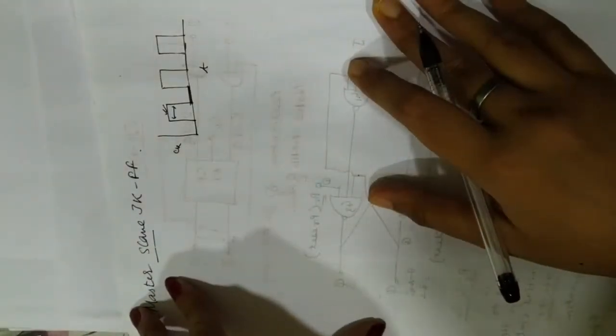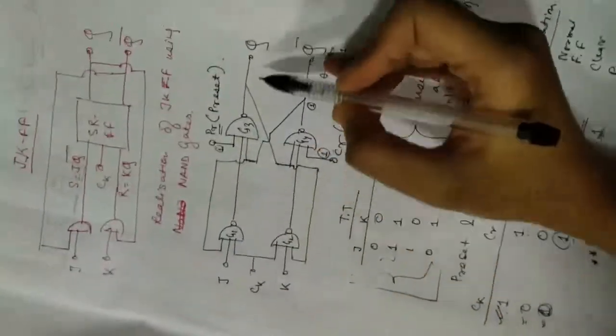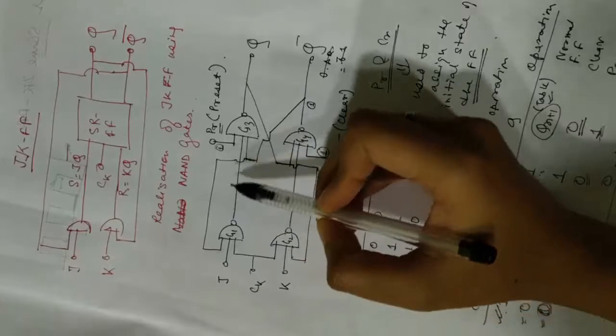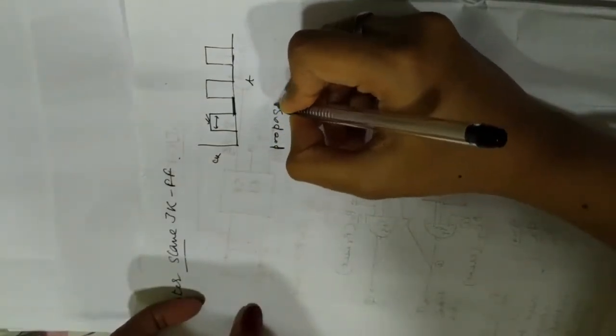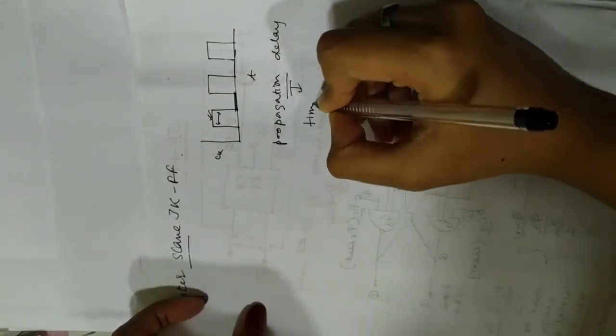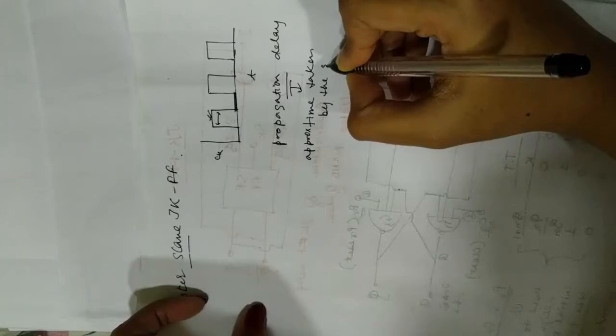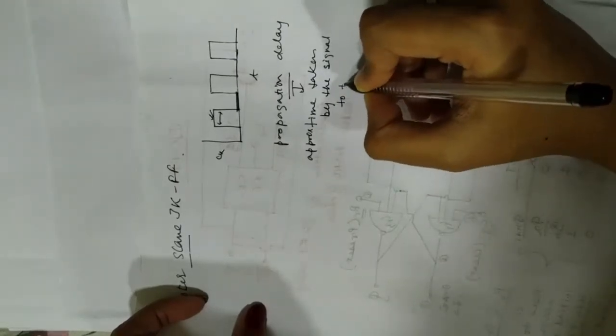Now obviously when a signal travels from the input to the output, it takes a time, right? That time is called the propagation delay. Time taken is approximately the time taken by the signal to travel from input to output.